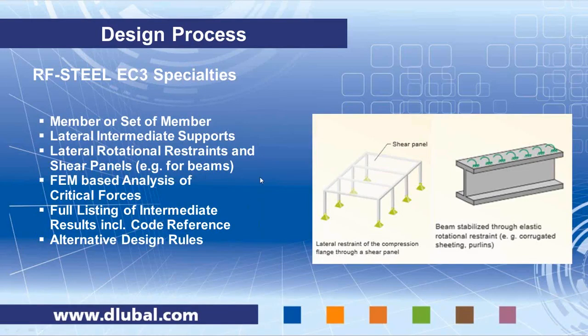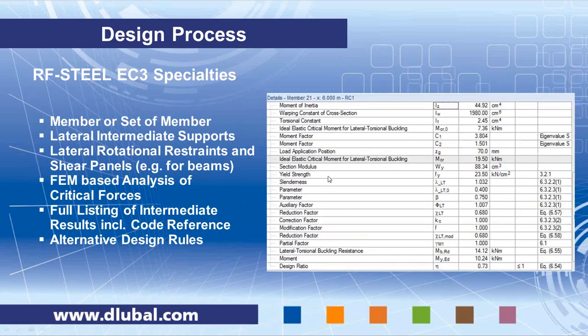It's also important to understand what the software does, and therefore we provide a full listing of all the intermediate results, including a code reference in the module. With this code reference, you can put the code next to your computer and check the formulas and understand exactly what the software has done.